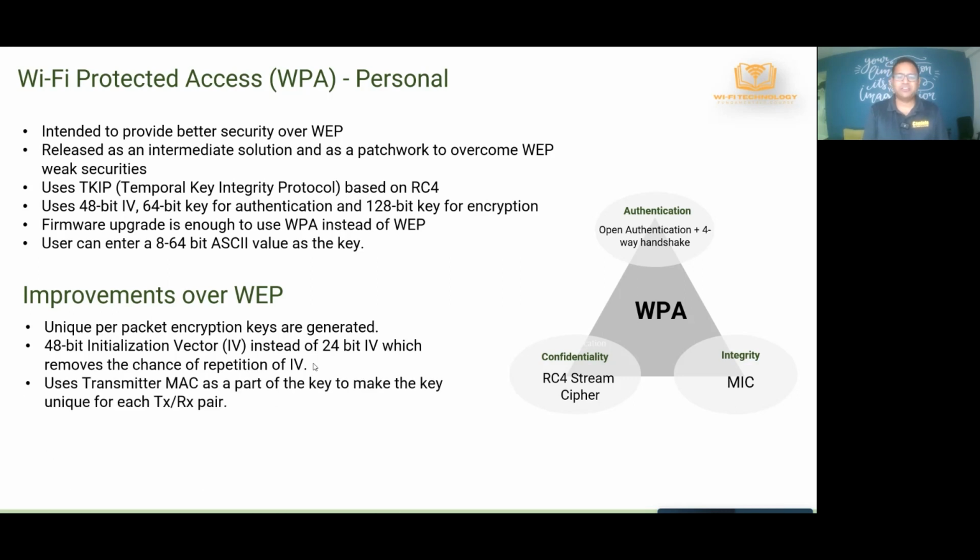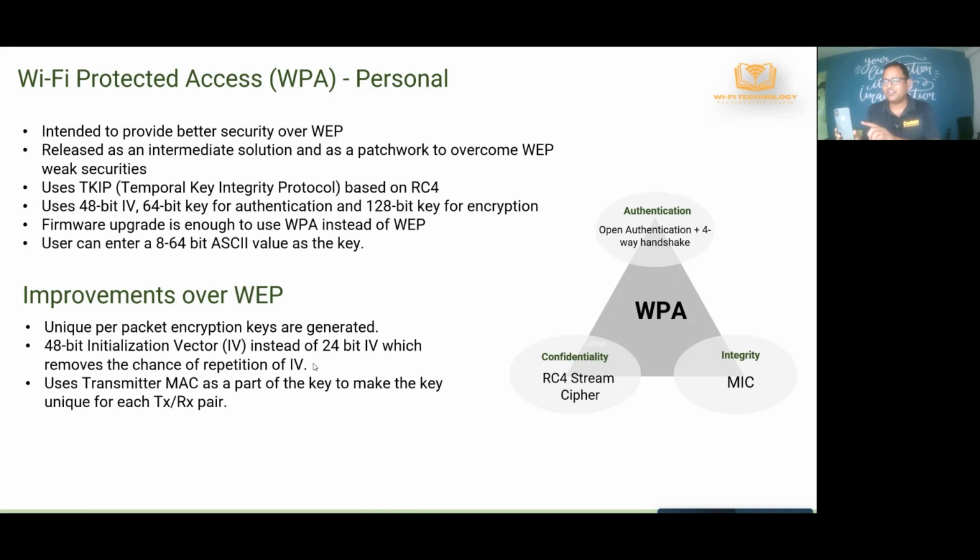And then the other thing that WPA does is it uses the transmitter's MAC address in the key generation, right? Remember I talked about a problem with WEP: if my neighbor knows my password, then both of us are using the same key to encrypt, and that's a problem. But in the case of WPA, the actual key that is used is derived from the base key using the transmitter's MAC address.